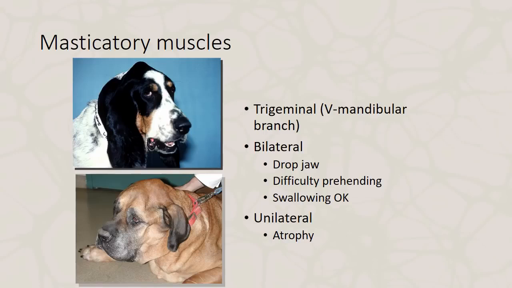One of the few times where you'll see the actual mouth dropping is with trigeminal neuritis. If it's lateralized, the most common cause of that muscle atrophy is going to be a tumor, most commonly a peripheral nerve sheath tumor.